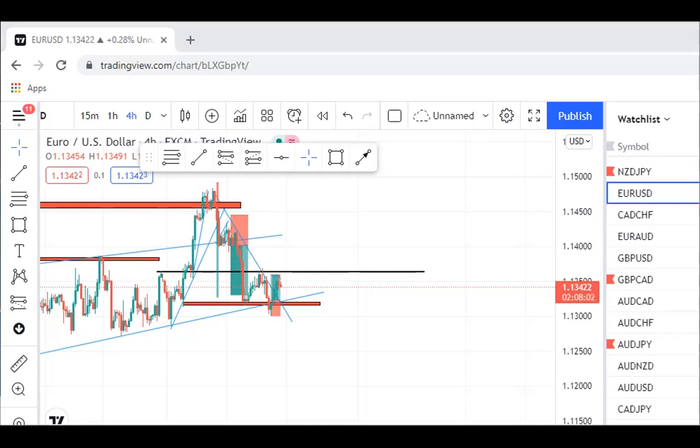Let me share the screen for the Telegram so that I'll show you guys what I mean by stop loss criteria, take profit criteria, and exit criteria.